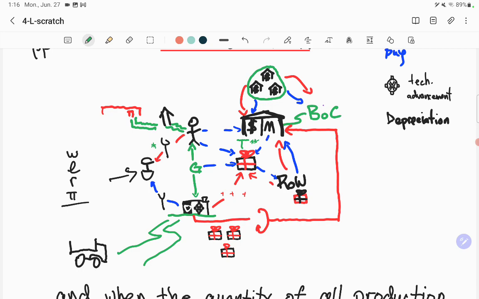These are indirect taxes. Indirect taxes are taxes on the stuff that you buy. Why do they call it indirect? Because you do not pay it directly to the government. The business collects it for the government, then they give it to the government. That's the best way to look at it.